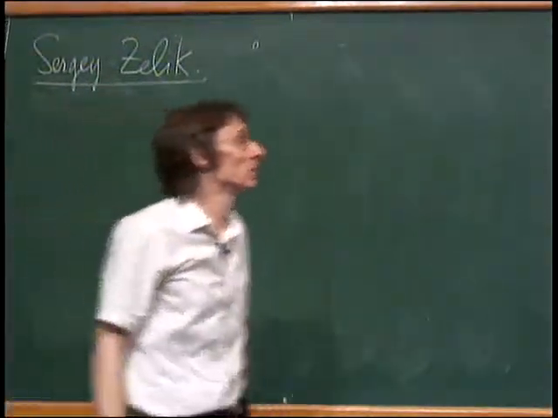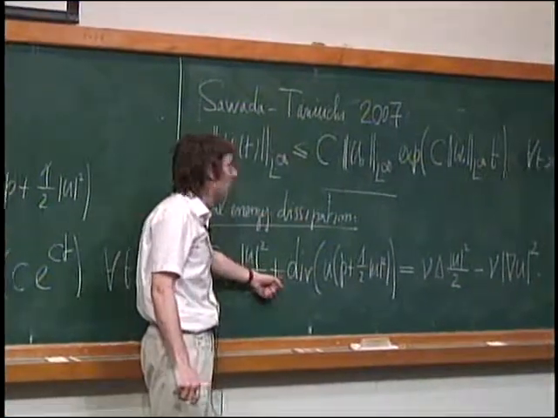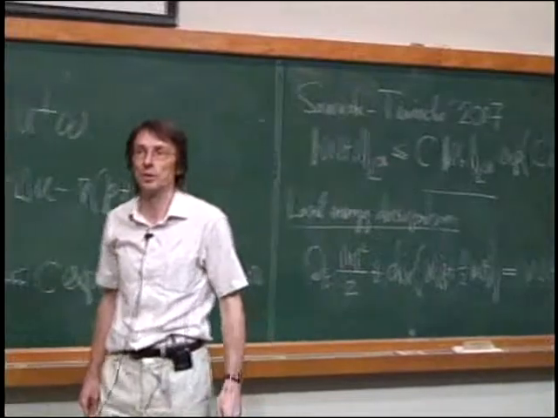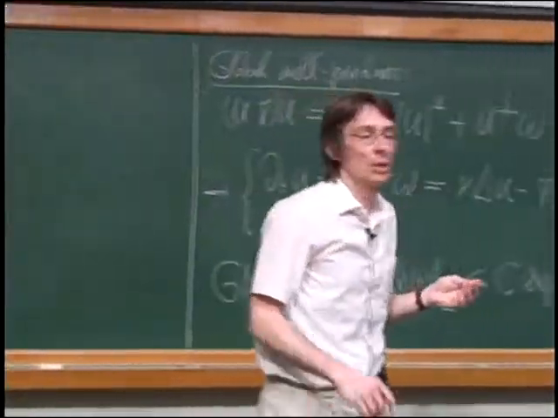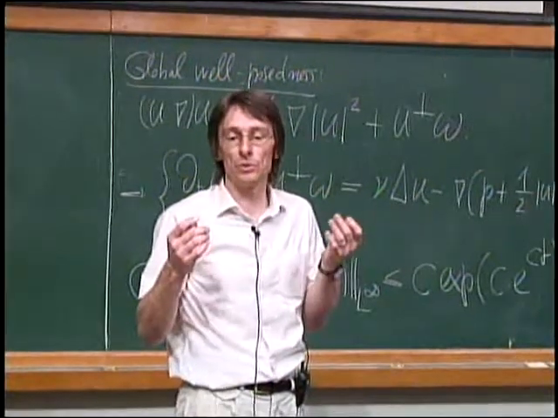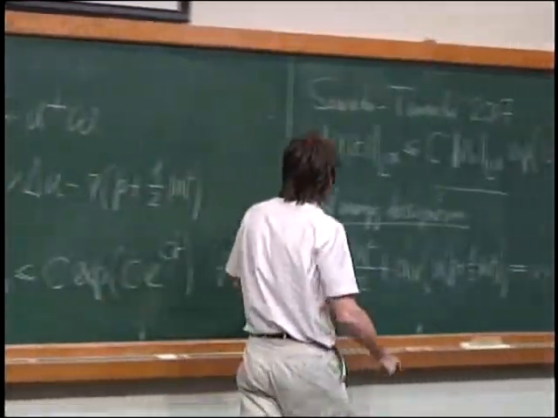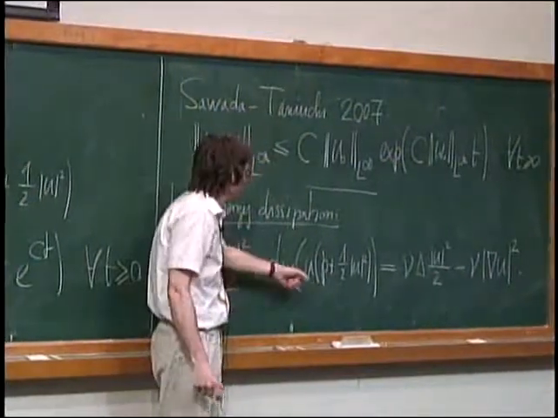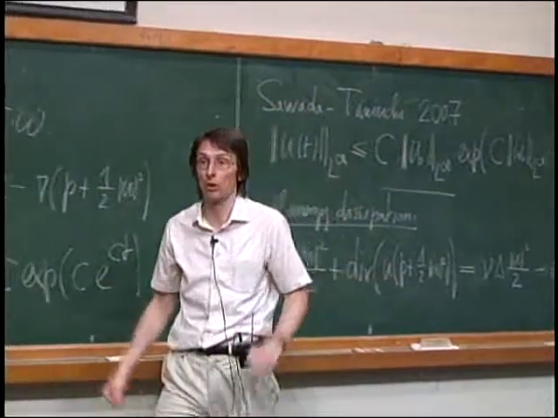So he did what should have been done a long time ago, namely uniformly localized energy estimates for the 2D Navier-Stokes equation. It's not so easy because any way you look at the problem, you have to deal with the pressure term. If you integrate this over a subdomain, then you have the flux over the boundary, and this flux involves the pressure, and you have to control the pressure.